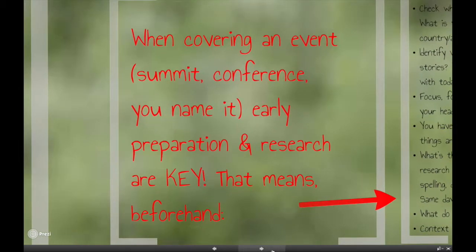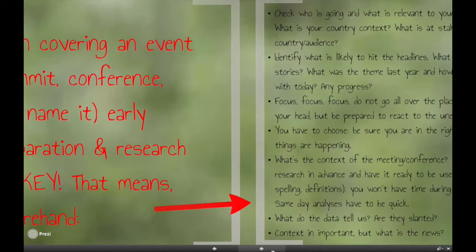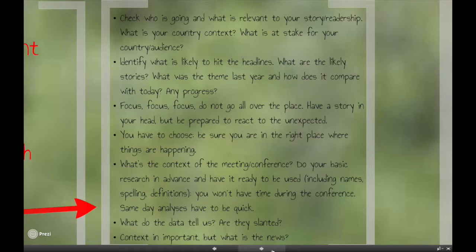Well, early preparation and research is key in order to prepare for such a thing. If you're going to cover a conference, you have to check in advance who is going to that conference, what is relevant to your story and to your readership. What is your country context? What is at stake for your country or your audience?